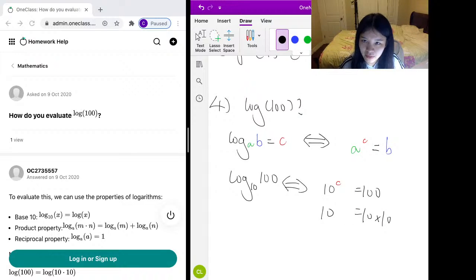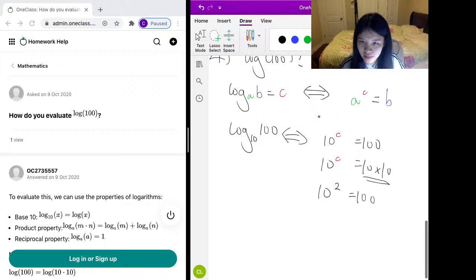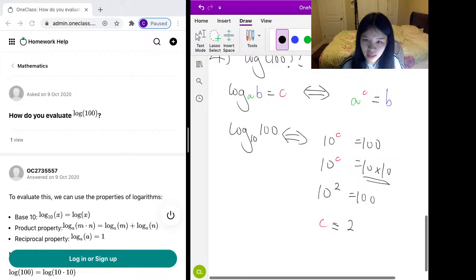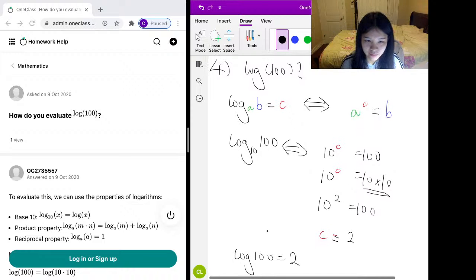So 10 to the power of c equals 10 times 10. So 10 to the power of 2 equals 100 because there are two 10s multiplied together right over here. So from here we know the answer is c equals 2, and log 100 is equal to 2. So this is our answer right over here.